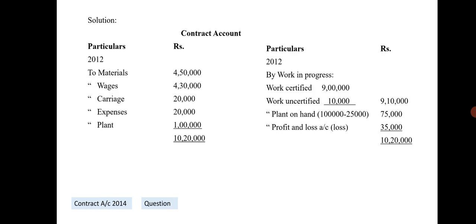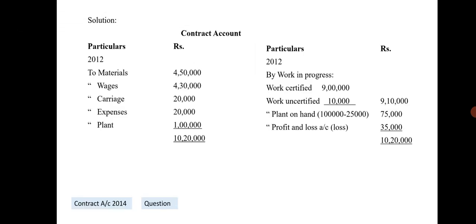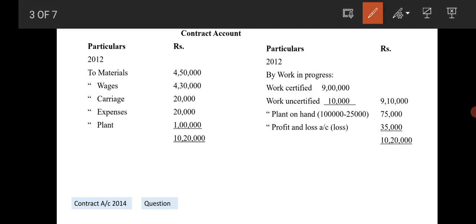Now let's move on to 2013's account. In 2013, we have to bring down the previous year's contract account balances. When we see the previous year, we have these balancing values over here. This 9 lakh 10,000 work in progress and plant on hand 75,000 must be brought down to the next year.